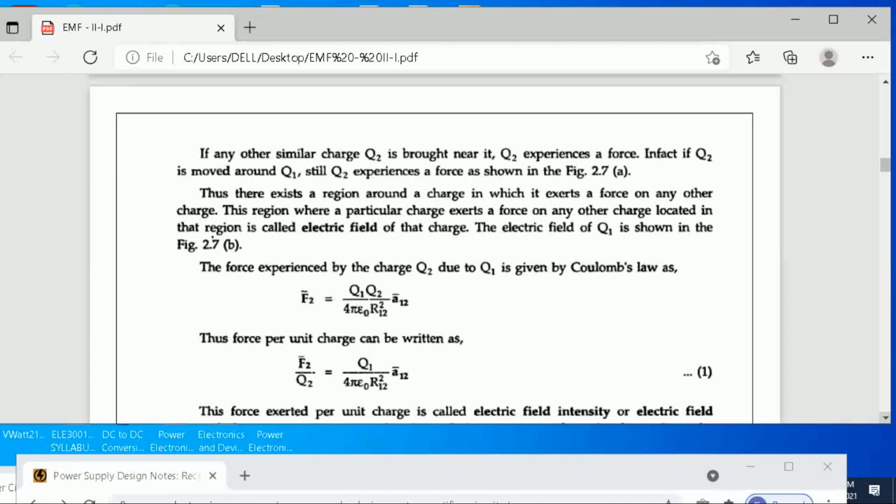So this region where a particle charge exerts a force on any other charge located in the region is called the electric field of the charge.